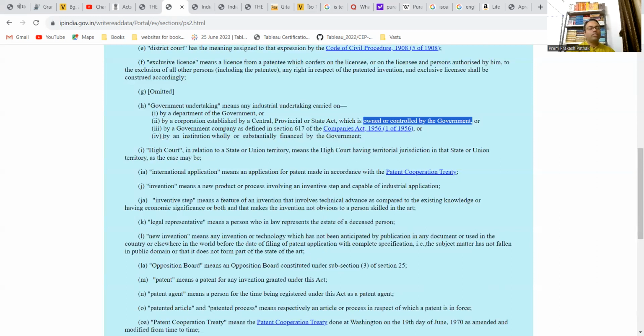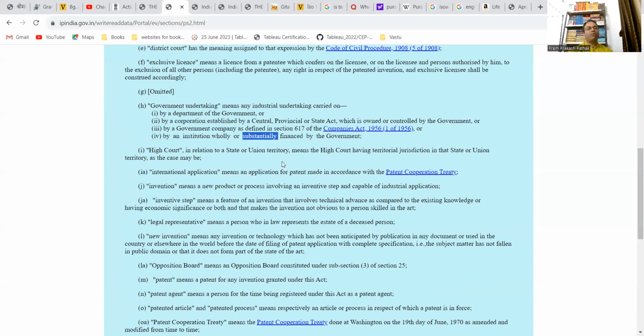And next is number 4, by an institution wholly or substantially financed by the government. Even if there is an institution which is being financed, there is the word wholly, I mean completely, entire funding is done by the government, or substantially. What does substantially mean? Does it mean 10%, 20%, 50%, or more than 50%?